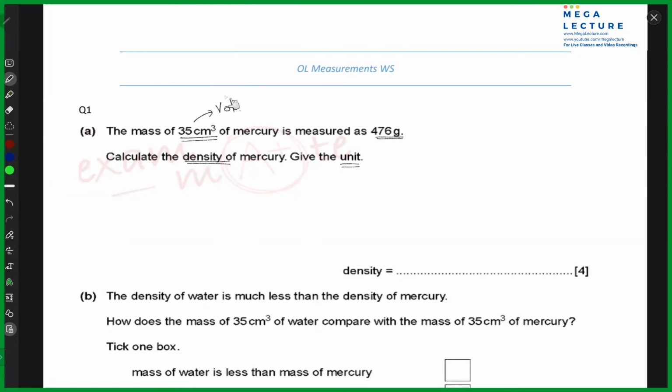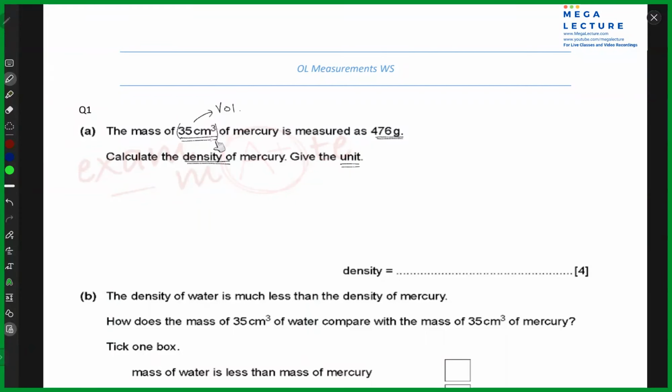One of the things to understand was that this thing that is given is the volume, because you can tell that by simply figuring out that this is measured in centimeters cube, right? So that's the unit for volume.